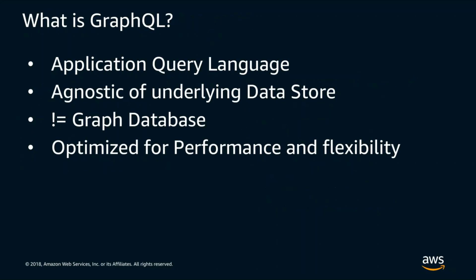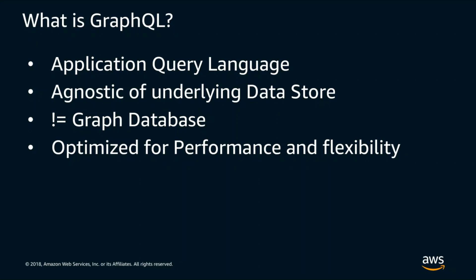So what is GraphQL? GraphQL is an application query language. It is agnostic to the underlying data store, which means that you can pretty much wrap a GraphQL query or a mutation on top of any database that you have, whether it's an Amazon DynamoDB table, Amazon Elasticsearch instance, or Amazon Aurora, a Lambda function, RDS instances, and many more.